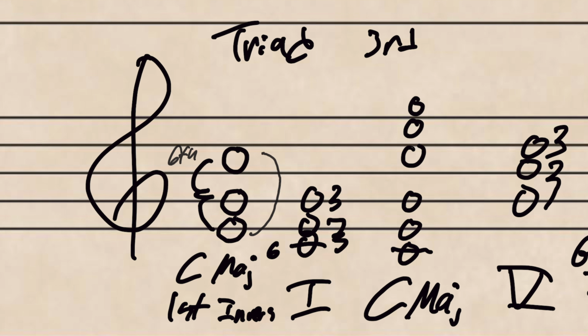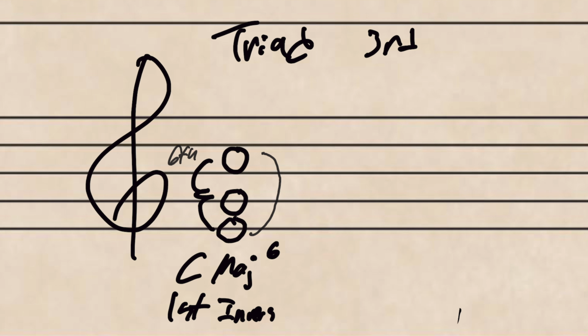That's what we call the 6th chord. Maybe you've heard this term, second inversion, or 6/4, okay? This is when we have the same chord, but now this note is the bottom, the fifth.